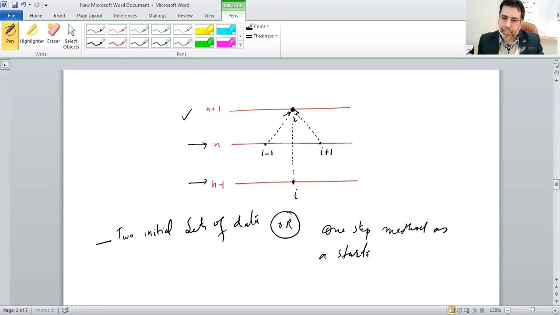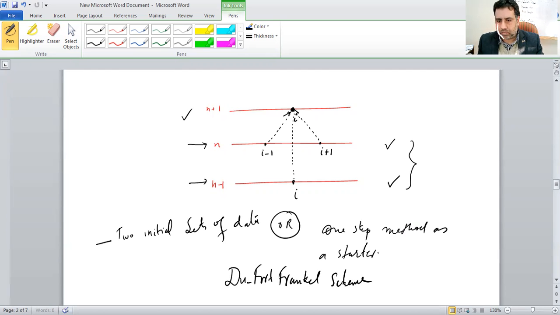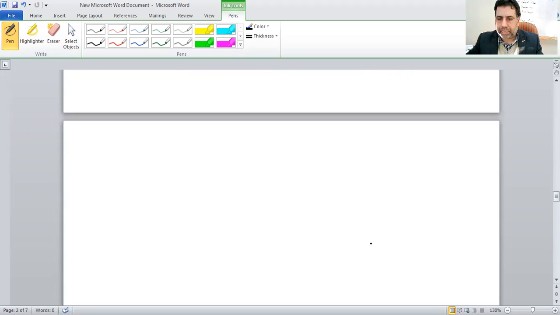What I'm saying is to apply some other scheme like FTCS and compute the solution at a new time level. This is the given initial solution. When the solution is available at two time levels, then you can of course apply this Dufort-Frankel scheme, which is unconditionally stable. So that's it.